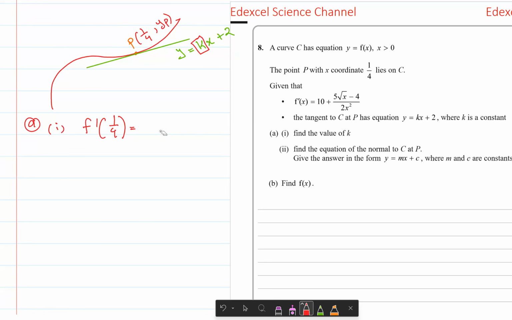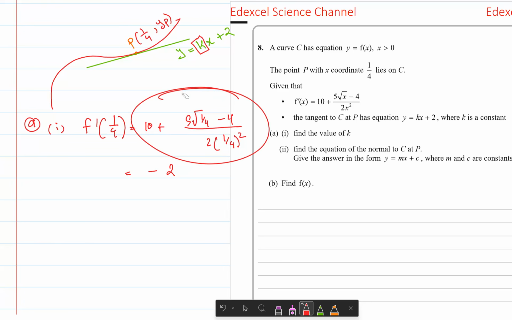So 10 plus 5 root of 1 over 4 minus 4 divided by 2 times 1 over 4 whole squared. That is going to give us -2. Such a complicated calculation, but we only get -2, which is very satisfying, I suppose.